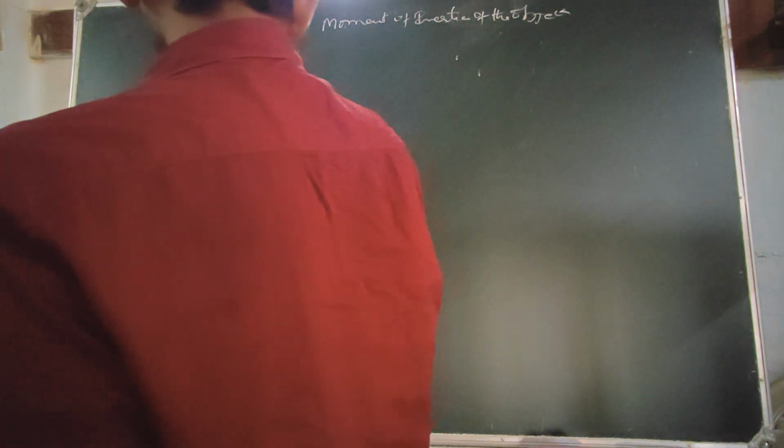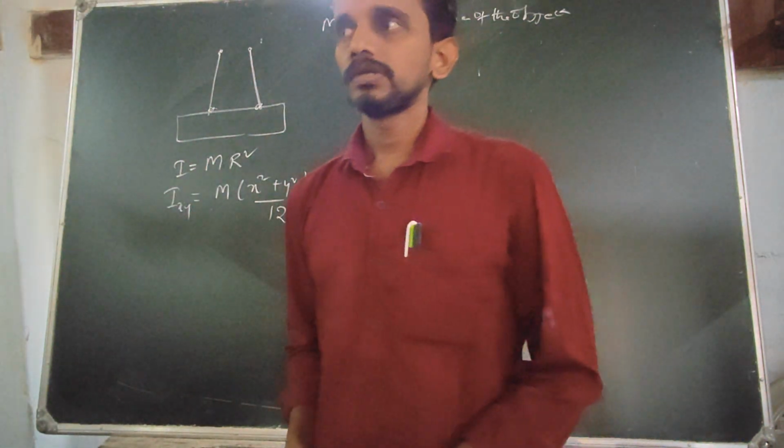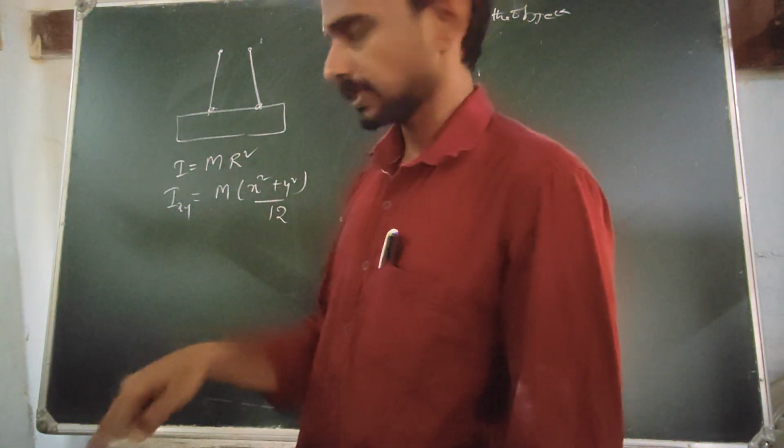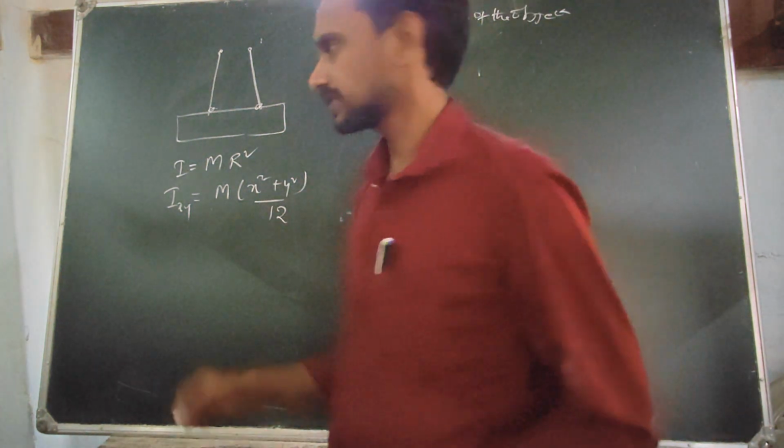Okay, so this moment of inertia is given by mr square, and for a rectangular slab it is given by m times x square plus y square by 12. If you are considering the xy plane, the moment of inertia along the xy plane is m times x square plus y square by 12.